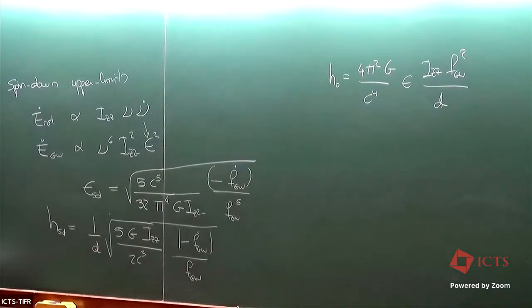So this is a number that we take into account, because for sure the amplitude that goes into gravitational waves is going to be much, much smaller than this quantity.